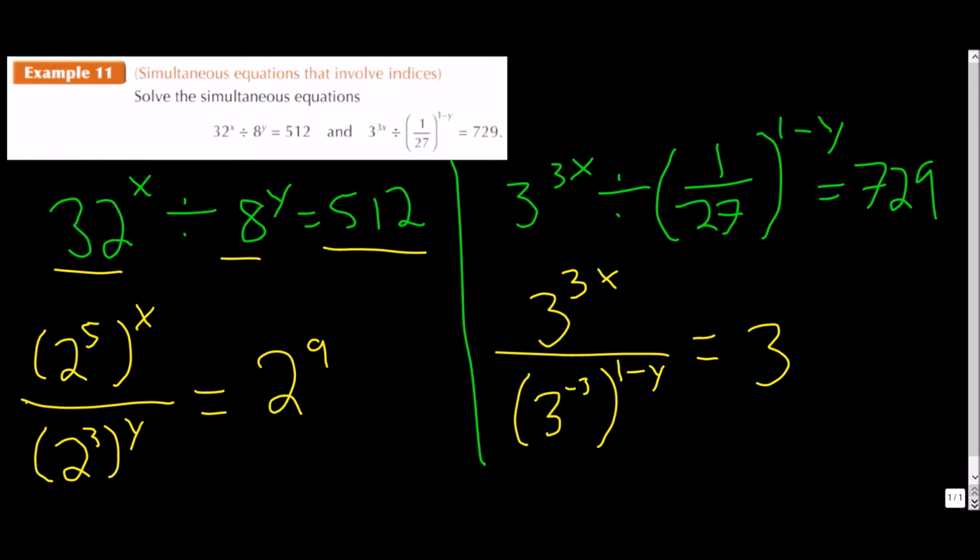Well, 3 squared is 9, 3 cubed is 27, 3 to the 4th is 81, 3 to the 4th is 243, and 3 to the 5th makes 729. So this move here is so that we can get all of the bases to be the same. And then what we're going to do from here is simplify and move down to where we get the same base on each side.